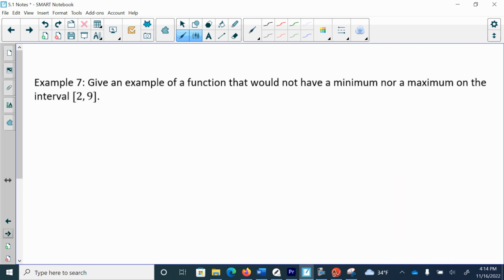All of them. Give an example of a function that would not have a minimum nor a maximum on the interval 2, 9. So I'm doing a graph.